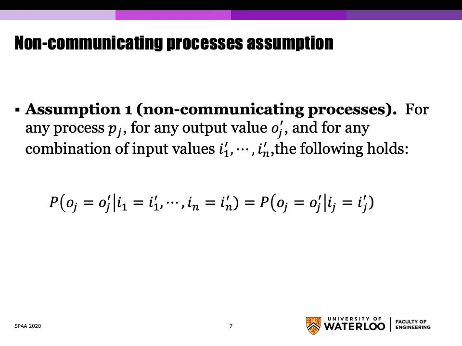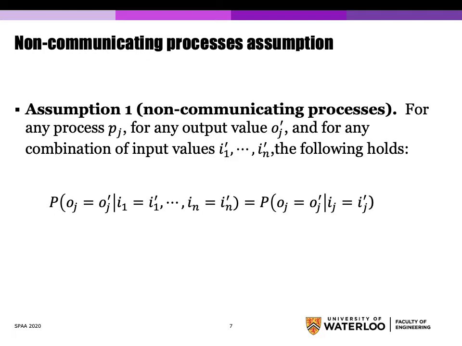We modeled the absence of communication among processes by the following assumption. For any process Pj, for any output value Oj', and for any combination of input values I1' to In', the following holds.